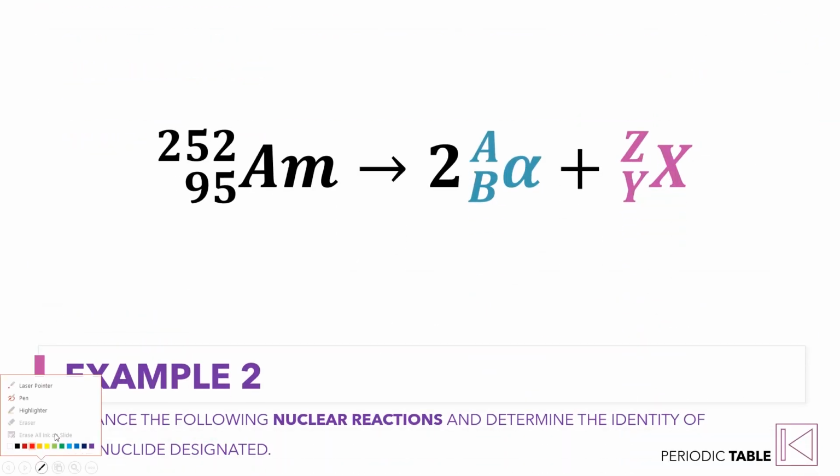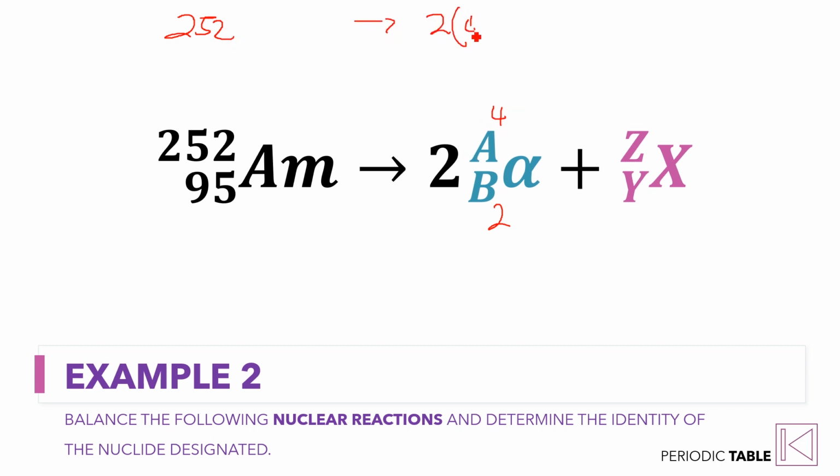Next is, let's try to answer this one. Here, we were given a clue because of alpha. Alpha has mass number 4 and atomic number 2. So what we will do is just solve for the x by equating. Starting with 252 is equal to 2 times 4, because we have a coefficient. So 2 times 4 plus z.